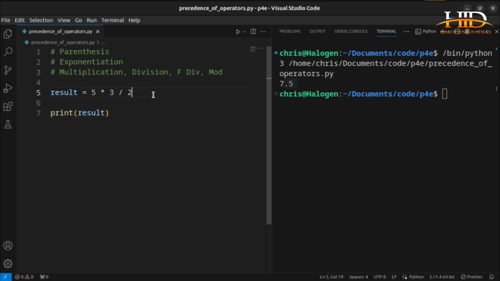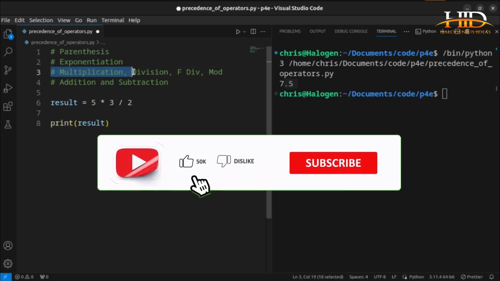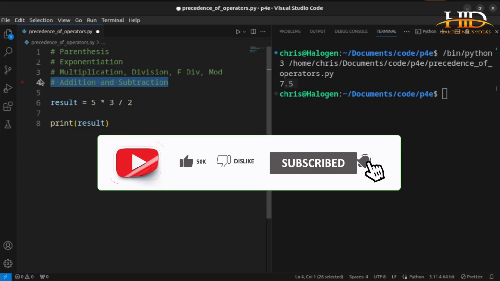Then the last one is the addition and the subtraction. Like I said, the first one is parentheses, then exponentiation, then multiplication and the divisions on the same level, then addition and subtraction on the same level.